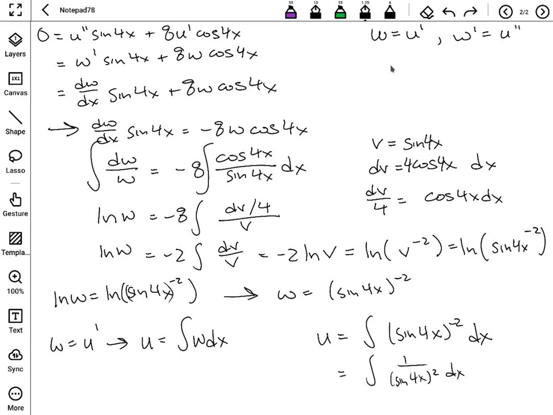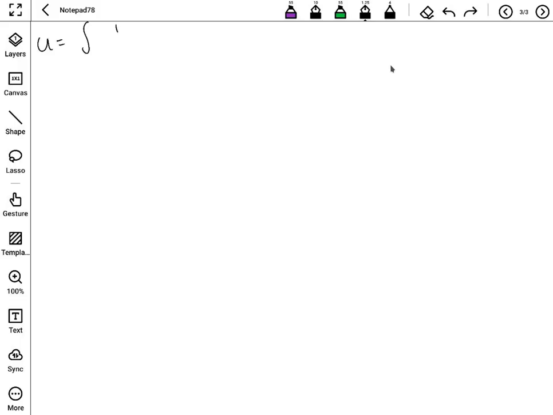Interesting. So the integral of 1 over sine squared is negative cotangent of x. I'm going to move to the next page to just do the thing that we actually need: 1 over sine squared of 4x dx, knowing that the integral of 1 over sine squared of regular x is negative cotangent of x, which is like 1 over tangent. We'll deal with that once we simplify everything.